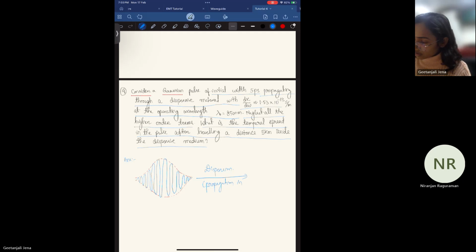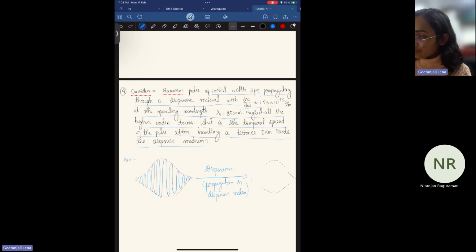Inside the dispersive medium, what will happen? The amplitude may decrease and there will be a spreading of the pulse depending on the type of dispersion.